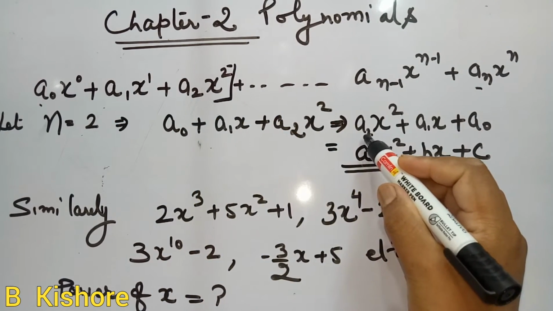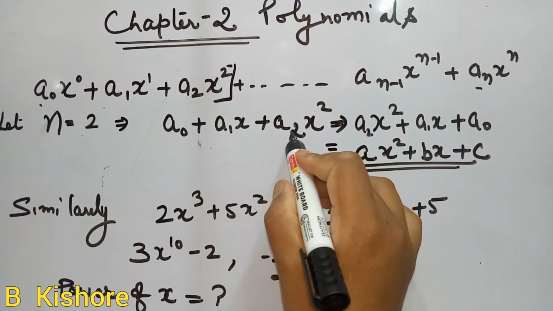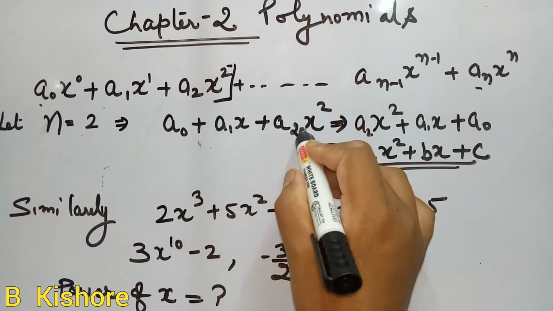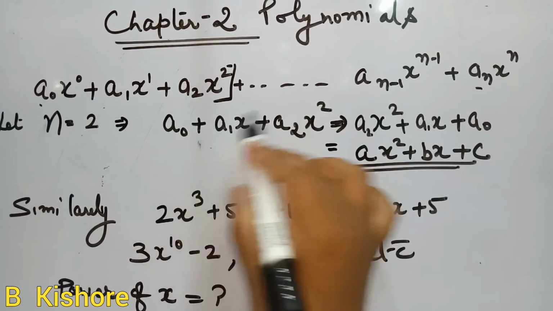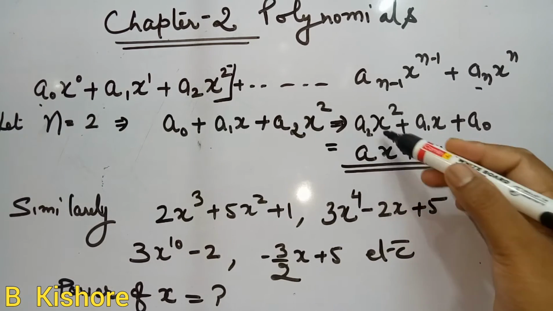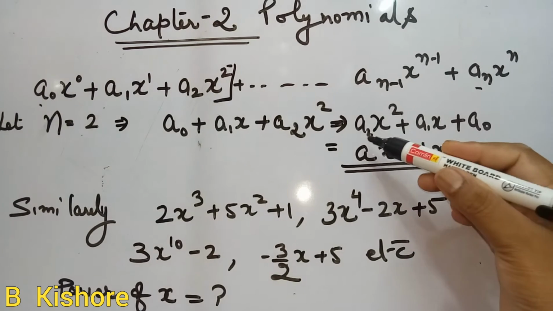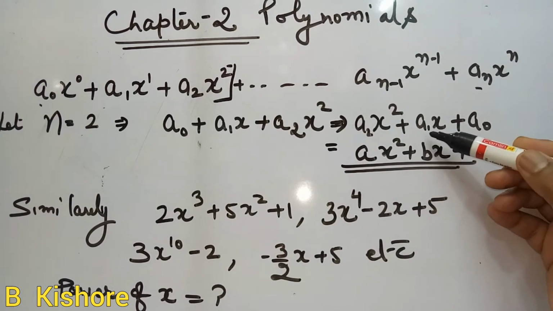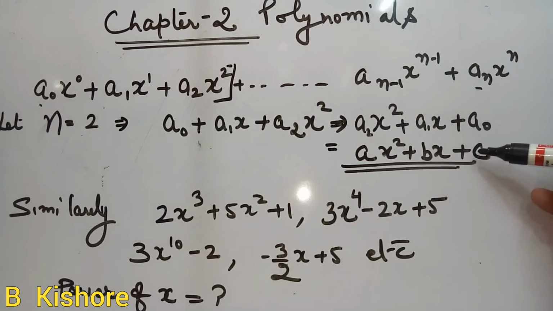First I am rearranging these terms, so I will write the first term, then a second term and then third term, which can be similarly written as ax square plus bx plus c. Suppose I take a2 equal to a, a1 equal to b and a0 equal to c. So this is the general quadratic polynomial.